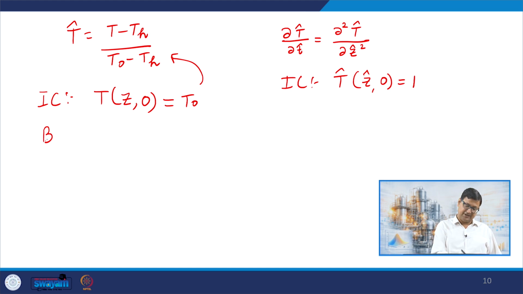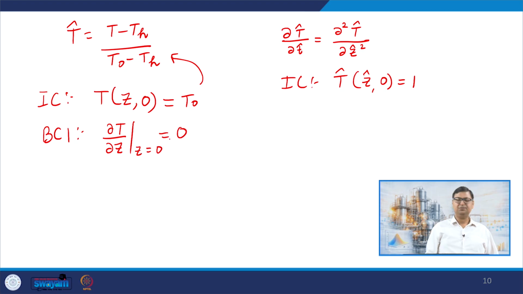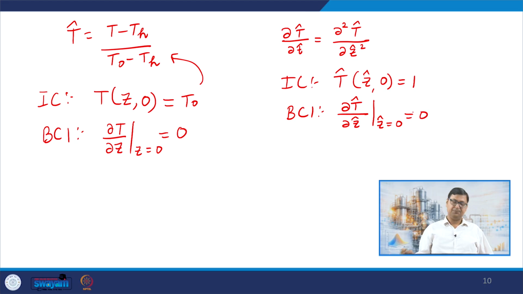My first boundary condition, that is my center line boundary condition, is dou T by dou z at z equal to 0 is equal to 0. In dimensionless terms, it is going to be dou T cap by dou z cap at z cap equal to 0 is equal to 0.